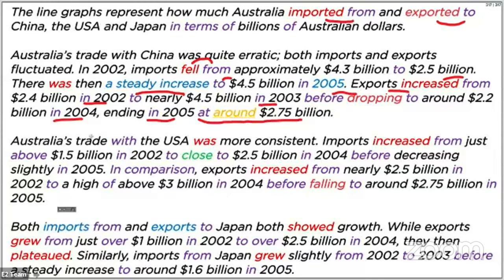Crazy, right? Trade with, increased from just above $1.5 billion in 2002 to close to $2.5 billion in 2004 before decreasing. In 2005, here's a phrase, in comparison, increased from, before falling to.